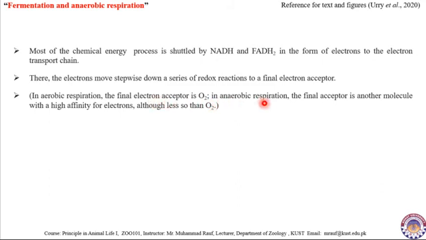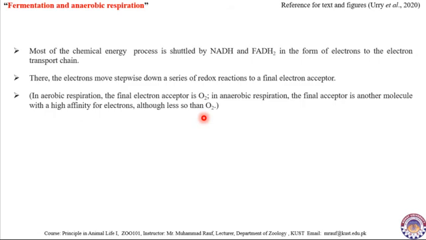In anaerobic respiration, the final electron acceptor is another molecule with a high affinity for electrons, although less so than oxygen. So when an organism is respiring anaerobically, there will be some final acceptor of electrons, but it will not be oxygen, and of course its electronegativity will be much lesser than oxygen.